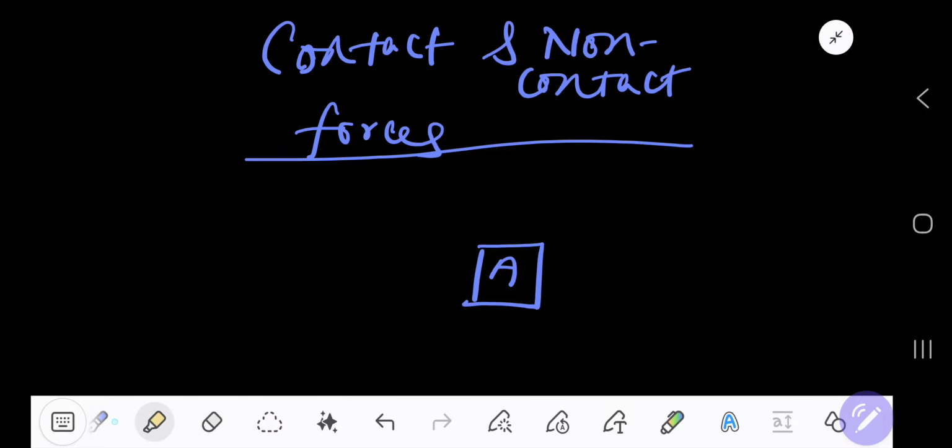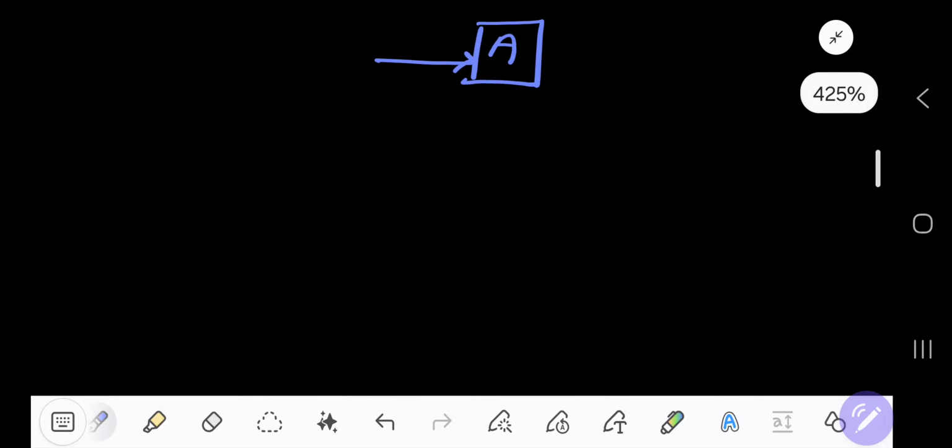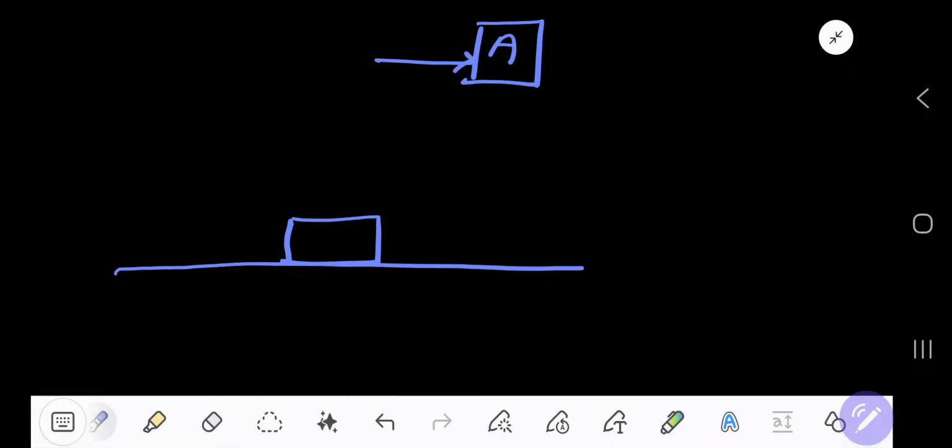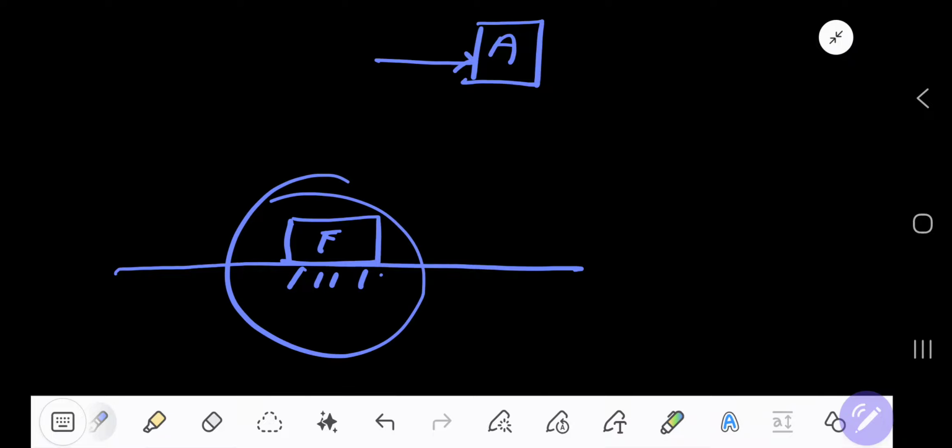For example, we have frictional force. I'm not going to explain frictional force since that is a pretty basic topic, but that's an example of contact force.